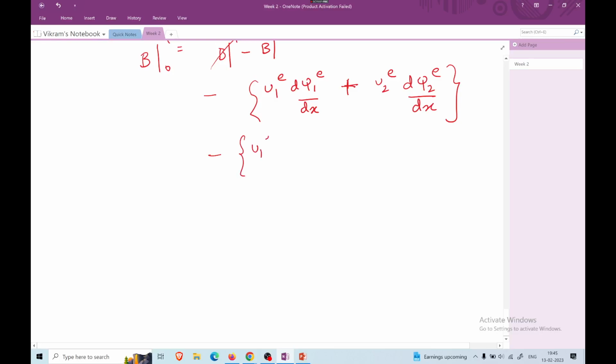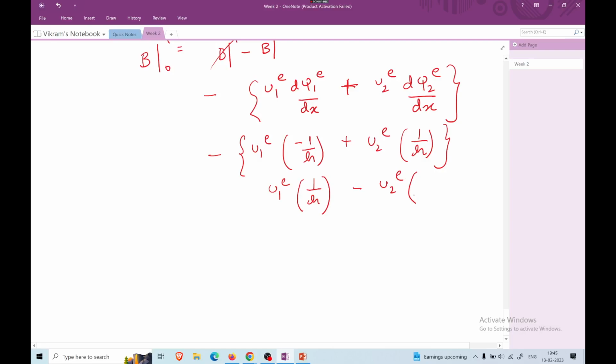Minus 1 by h, correct, plus u2 1 by h. Is it okay? d psi 1 and d psi 2 we saw previously, right? So if I expand it, u1e times 1 by h minus u2 into 1 by h. Okay.